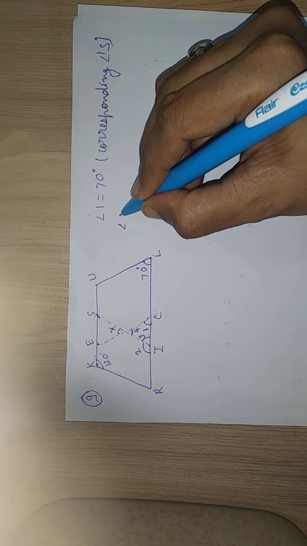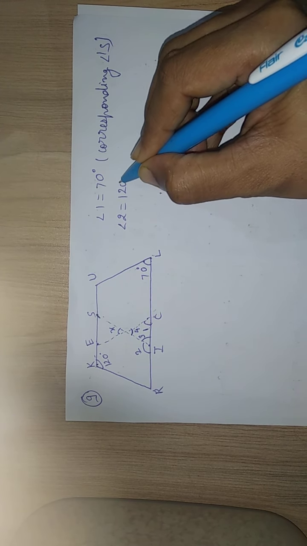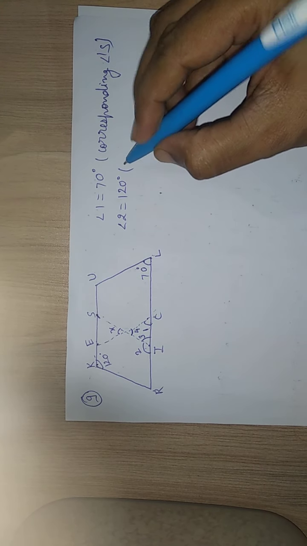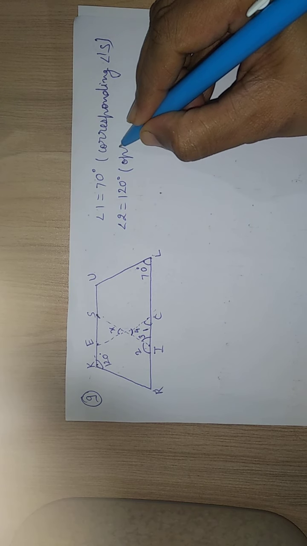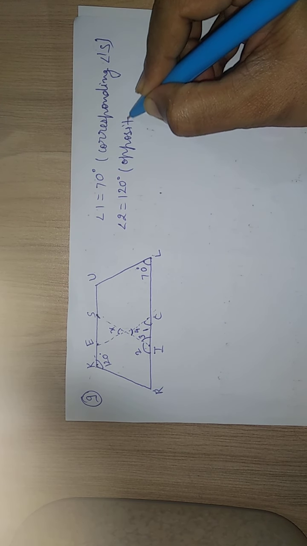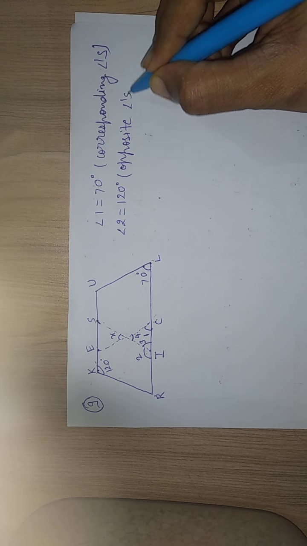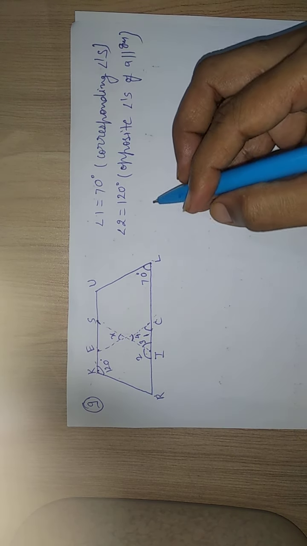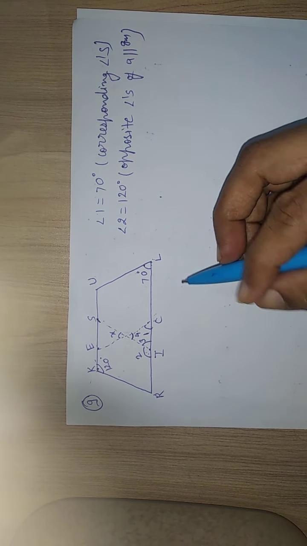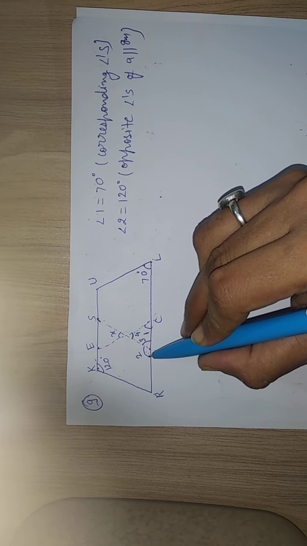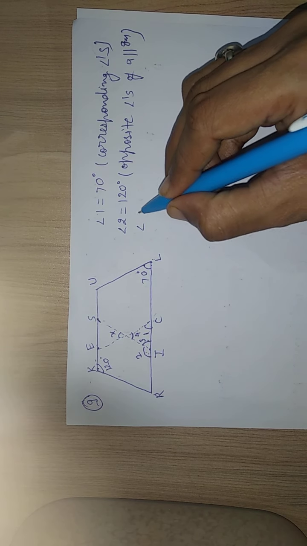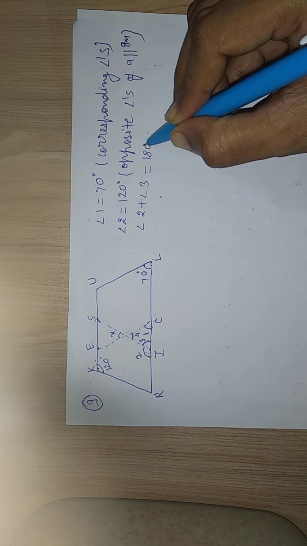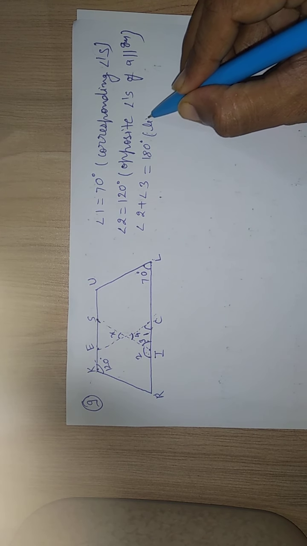Now angle 2 is equal to 120 degrees. These are opposite angles of a parallelogram. So angle 2 is equal to 120 degrees. Now angle 2 plus angle 3 is equal to 180 degrees since these two angles form a linear pair.